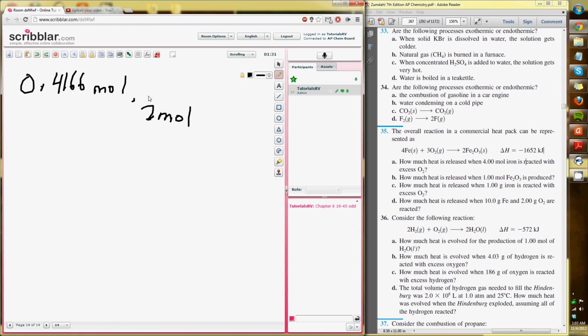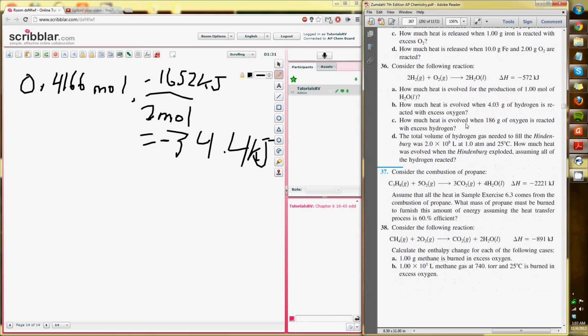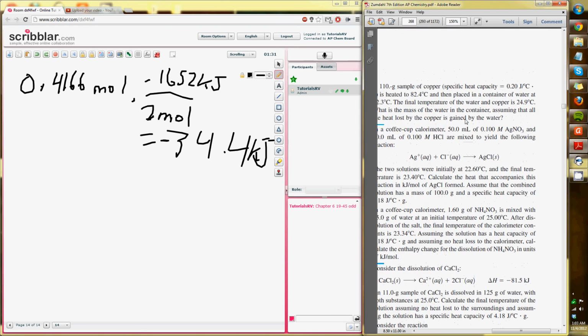You have to do it again for the negative 1652 kilojoules. And you get 34.4 kilojoules. Is that negative in the back? Let me see. Yeah, it's negative. It's now 37.